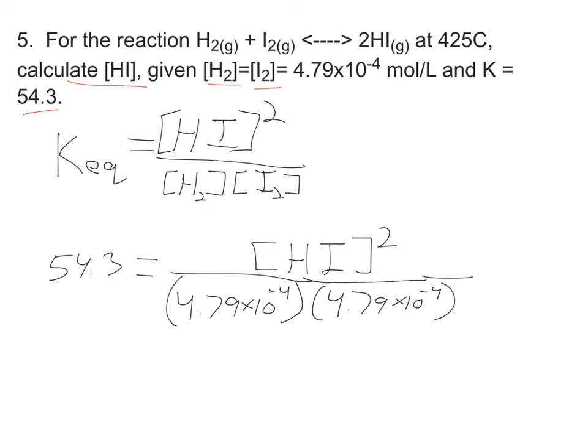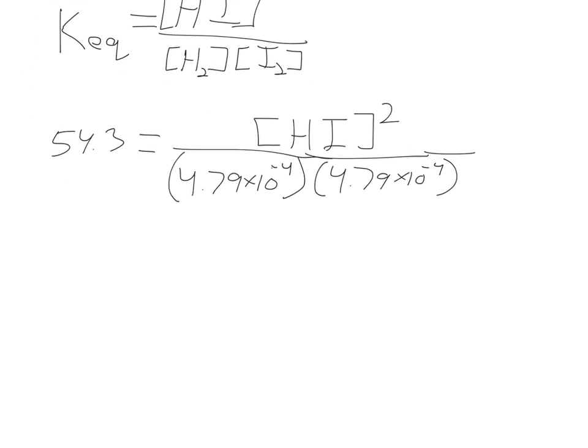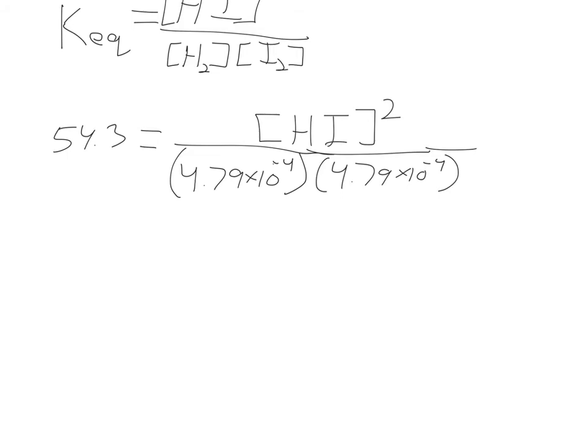Now I can solve this. So here's what I'm going to do. Let's give myself some room here. I want to get HI by itself, so I'm going to multiply on both sides of the equation by this 4.79 times 10 to the minus 4. I'm going to have to do that twice, actually, which is going to move it all to the other side.